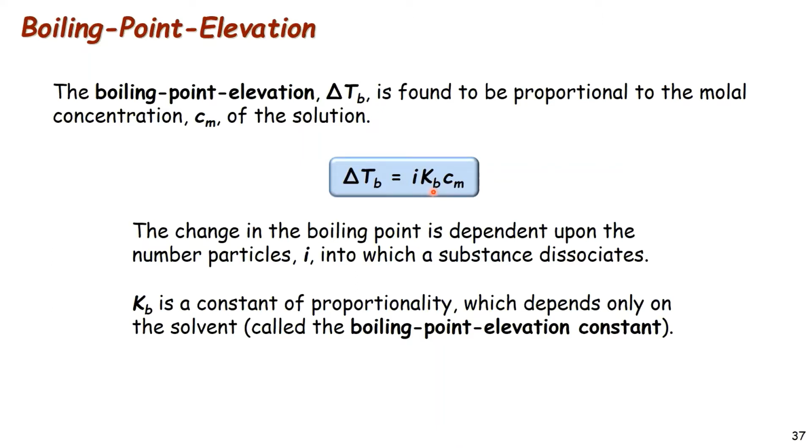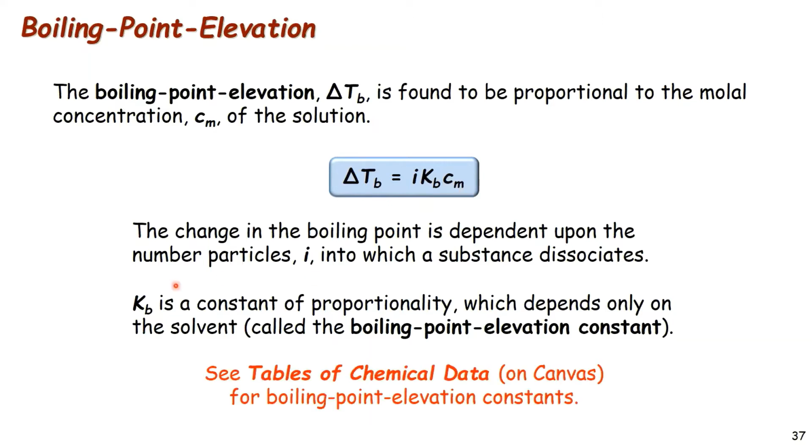It doesn't matter what the solute is, and you'd simply look that up in a table, the tables of chemical data posted on Canvas. And the molal concentration is the moles of solute divided by the kilograms of solvent.